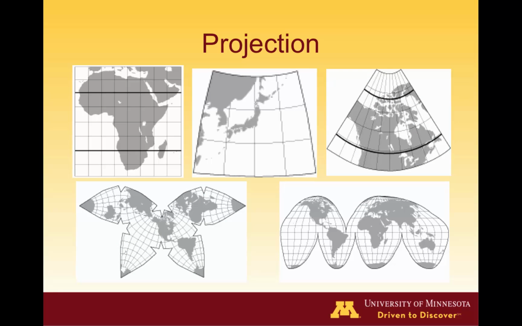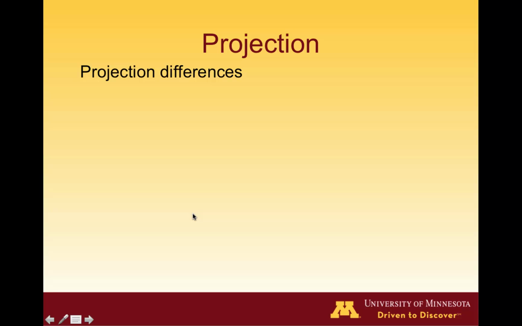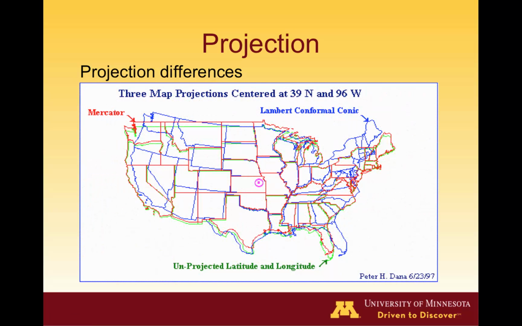By using various projection methods, you can project the world very differently. Some examples are shown in this picture. Between different projection methods, you can expect hundreds of meters or even several miles of offset.